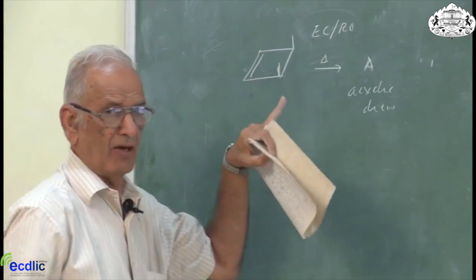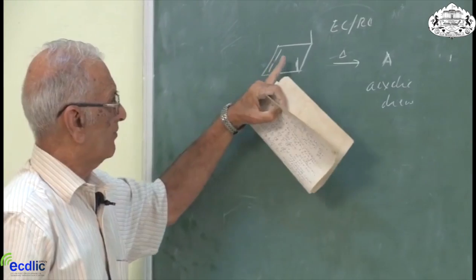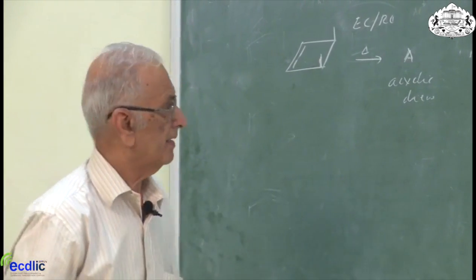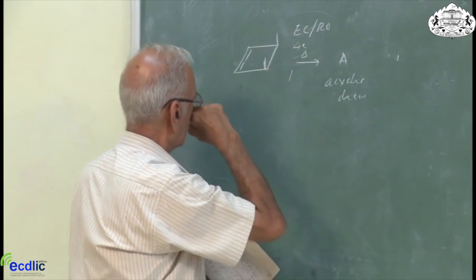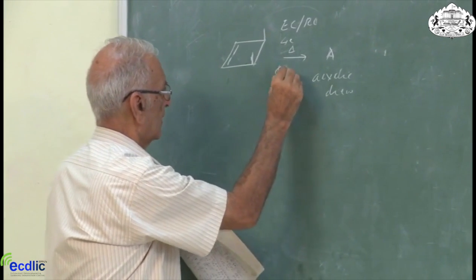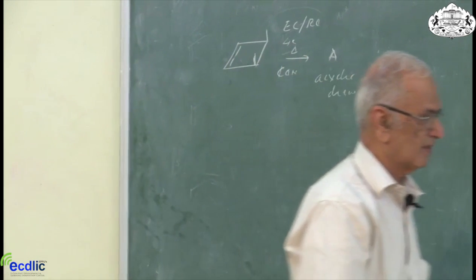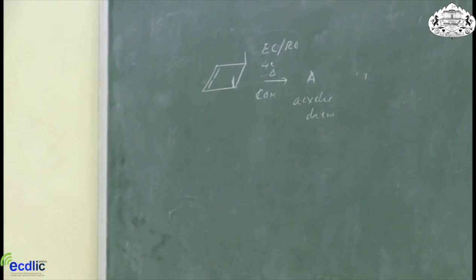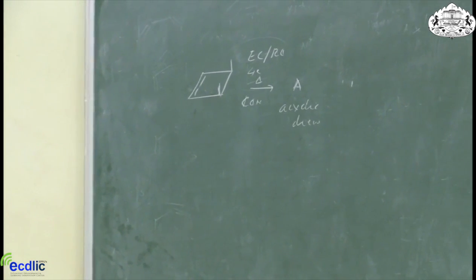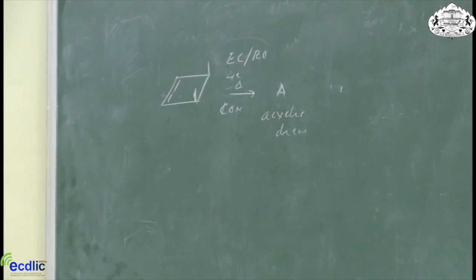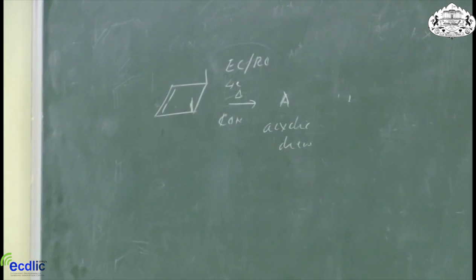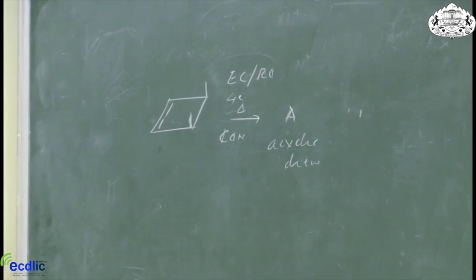How many electrons are involved? Two electrons and two electrons. So, it is a 4 electron thermal reaction. Therefore, a 4 electron thermal reaction is going to be conrotatory. Okay. All right.